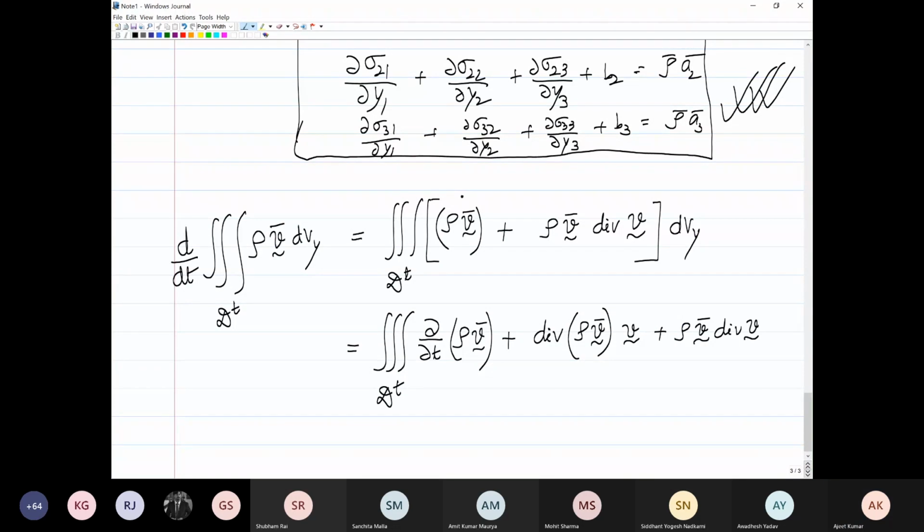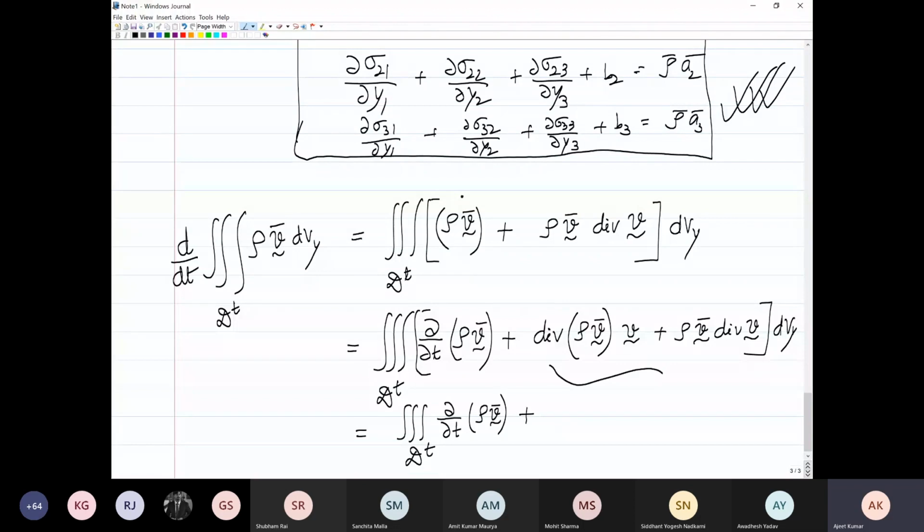Okay, and this thing is then multiplied with dvy, but this is also the same as integration over dt del over del t of rho v, plus, of course, to see this you have to again do it through indicial notation, but I will directly write down the result, that this is the same as divergence of rho v tensor product v.